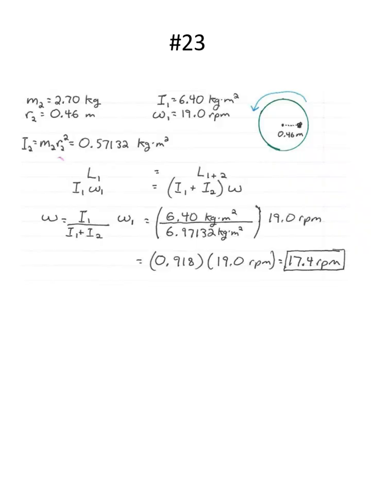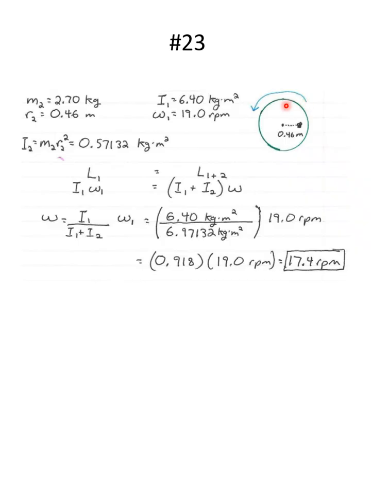Number 23. A potter's wheel with rotational inertia 6.4 kilogram meters squared is spinning freely at 19 RPM. The potter drops a 2.7 kilogram lump of clay onto the wheel where it sticks 46 centimeters from the rotation axis. What is the wheel's subsequent angular speed? All right, so let's look at the picture here.